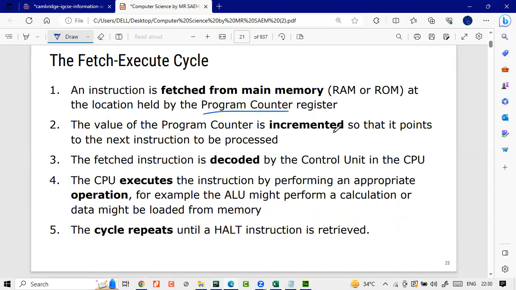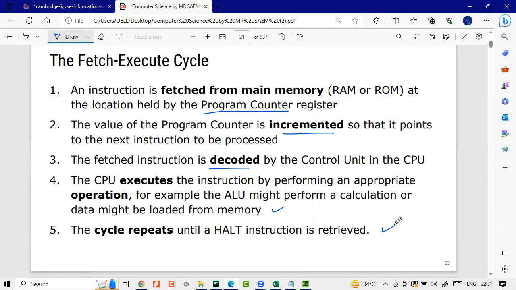The program counter will be incrementing. The fetched instruction is decoded by the control unit. The CPU executes the instruction by performing the appropriate operation. For example, the ALU might perform a calculation, or data might be loaded from memory. The cycle repeats until a halt instruction is retrieved.